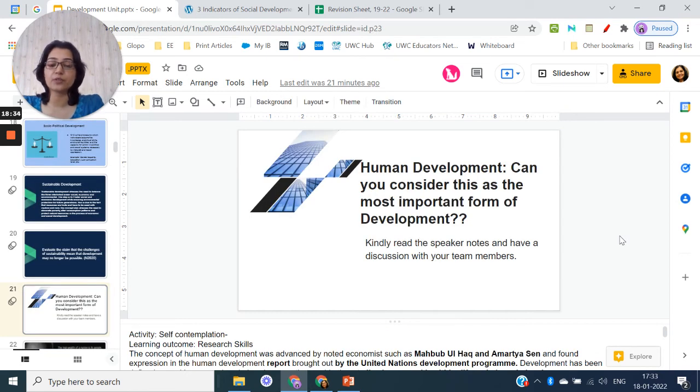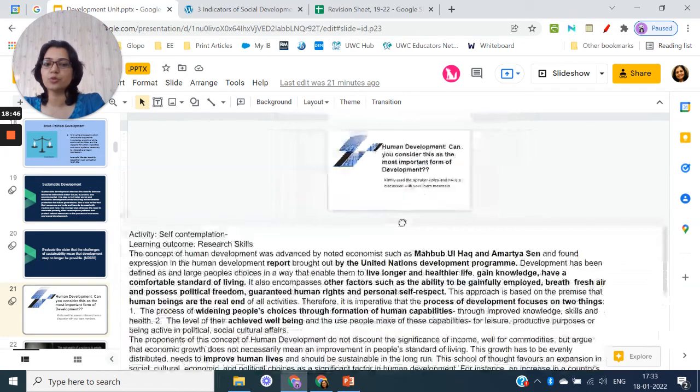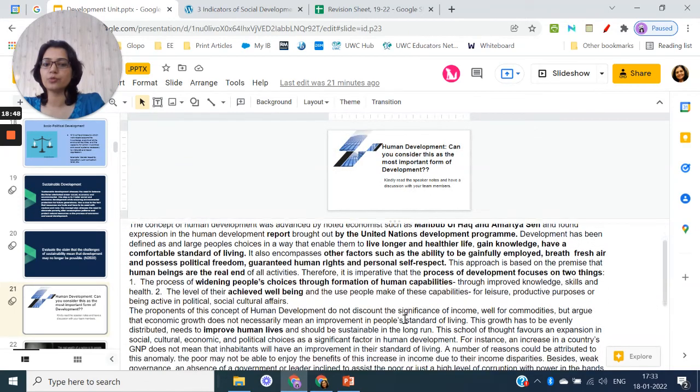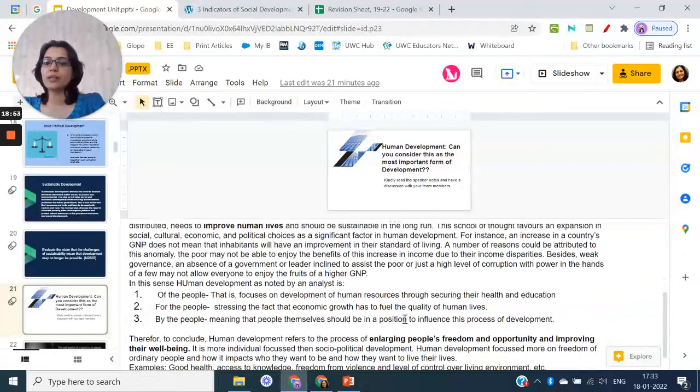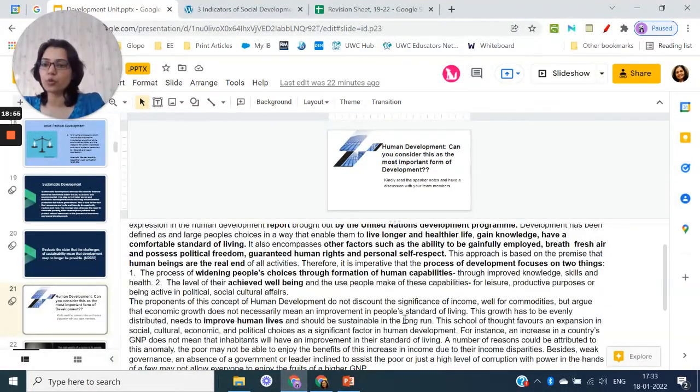Okay, now the last type of development, it's human development. Human development is propounded by Mahbub ul Haq and Amartya Sen, right? They gave the definition of this. What you are supposed to do is go through this definition of human development and bring forth your own points on human development. What do you think?